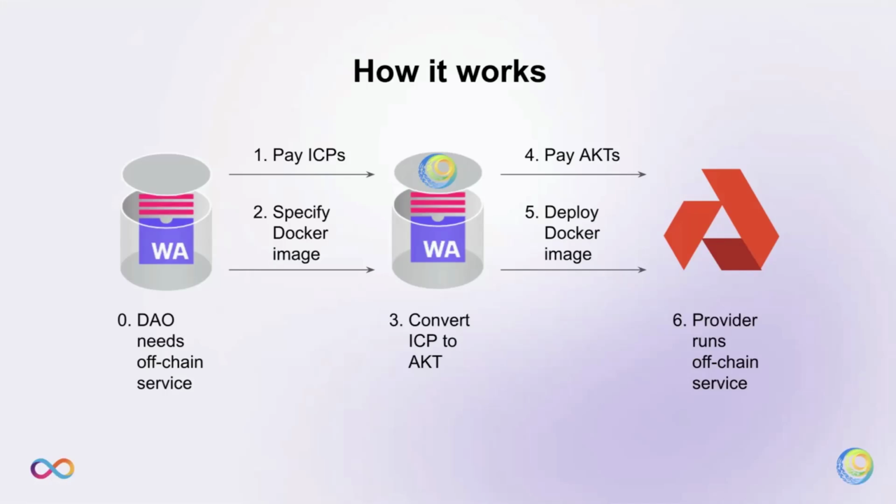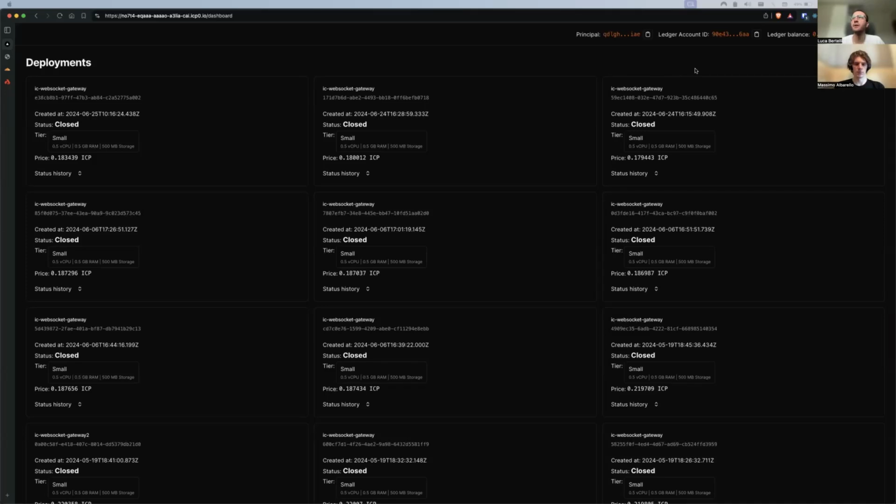Now Luca is going to show you a demo of what this looks like in practice. In order to interact with our orchestrator canister, in this first version, we offer this dashboard, which gives you a simple UI that enables you to call the endpoints of the orchestrator canister without caring about formatting all the requests.